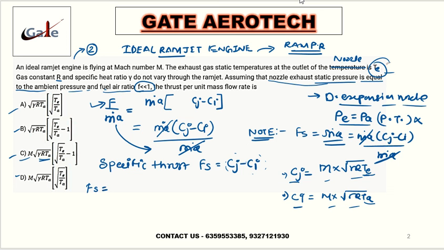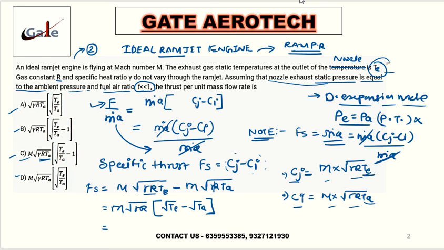Fs will be equal to Mach number into root of gamma R Te, minus again Mach number into root of gamma R Ta, the entry temperature. Okay, so can I take common the Mach number from this and root of gamma R from this? I will take that, right? Gamma R, I am taking that. Now inside the bracket, this is left out, right?